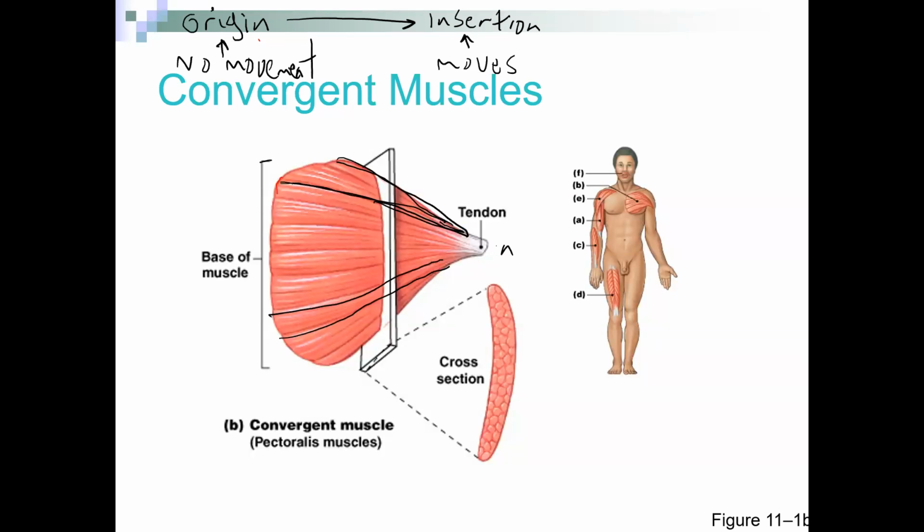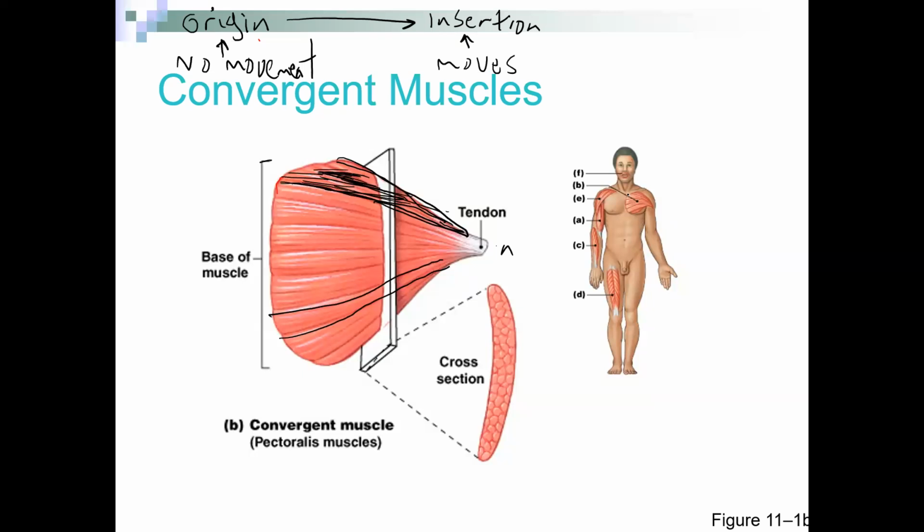And depending on what part of the muscle is contracted, you get different motion. For example, this here is the pectoralis muscle. Pectoralis major, because it's the biggest muscle in the pectoral region.